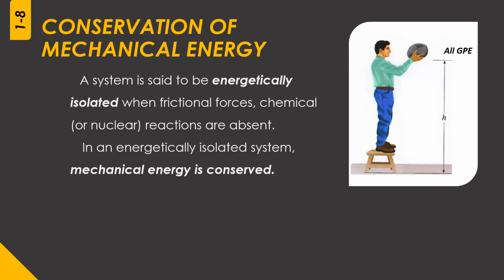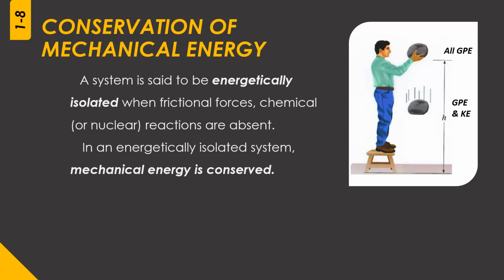Take a look at the figure that you can see on the right side. You notice that there's a man carrying a stone and lifting it above ground. At that instant, the system, stone, man, and earth, possess all energy as gravitational potential. Now, when the man releases the stone and it is halfway, somewhere in between the highest point and the ground, the system possesses two types of energy, gravitational potential energy and kinetic energy.